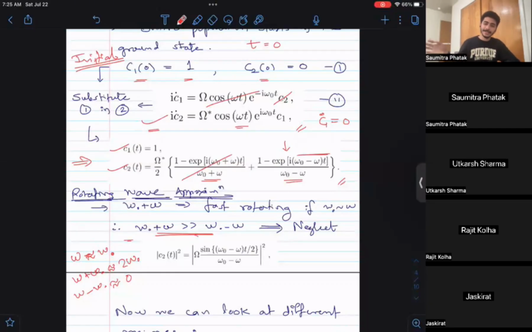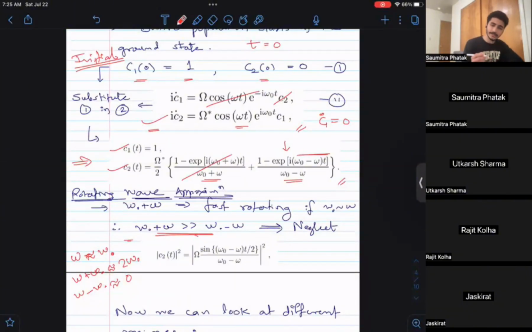Now 1 minus e to the power i theta, if we want to simplify, then we can say e to the power i theta can be exactly written as cos theta plus i sine theta. And if we simplify, we will get the expression in terms of just sine, because the cos theta will go to 1 for very small values, because cos of 0 is 1.